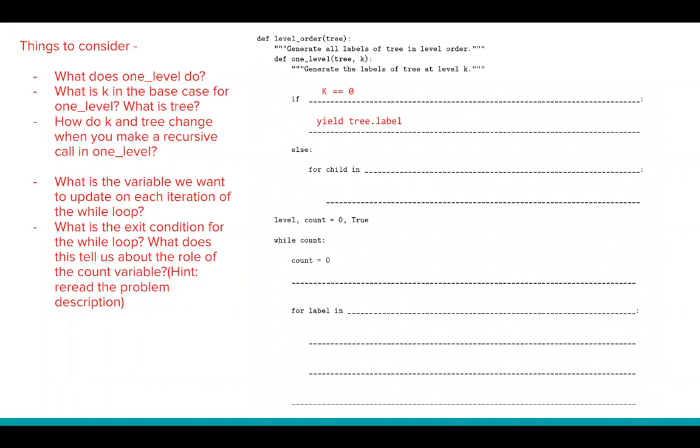But essentially, once we get to the right level, we're going to be yielding that tree's label. Now, how does this make sense? It's really because if we're not at the right level, then you're going to iterate through each child in the level's branches.